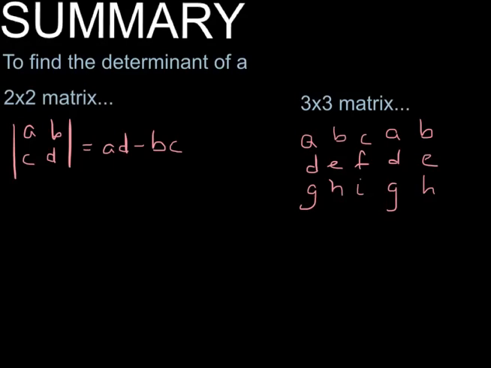And then you're going to find the products on the diagonals, 3 this way. So you find the products in this direction and you add them together. Then you find the products in the other direction, add those together, and then find the difference between.